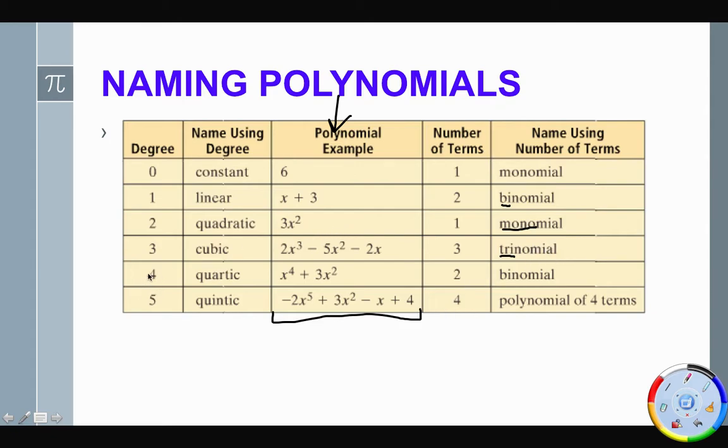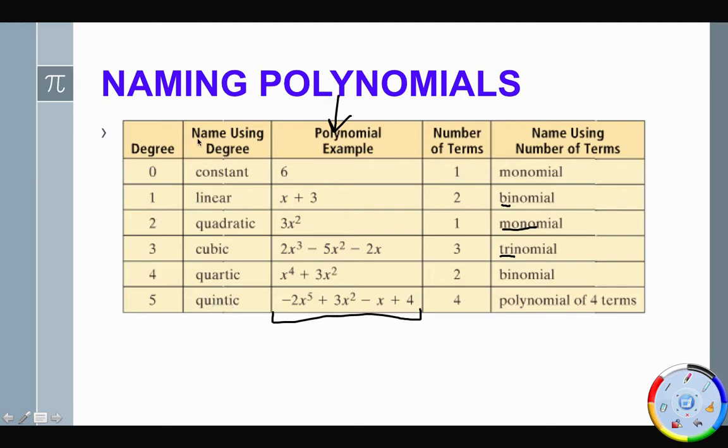If we move down to the 4th degree, the 4th degree polynomials have special names called quartics, and that would be x to the 4th. Note this has 2 terms, and therefore it's a binomial. And the last one here is a 5th degree polynomial with the special name of quintic.